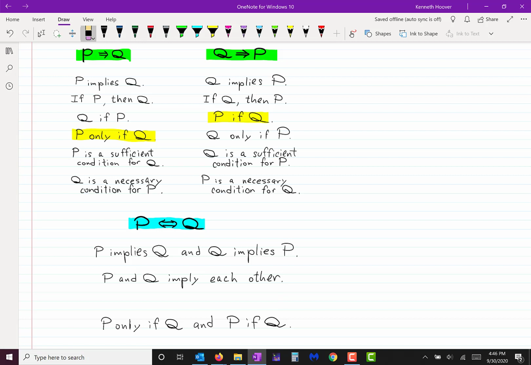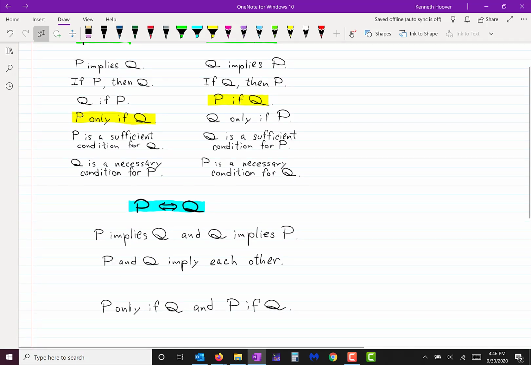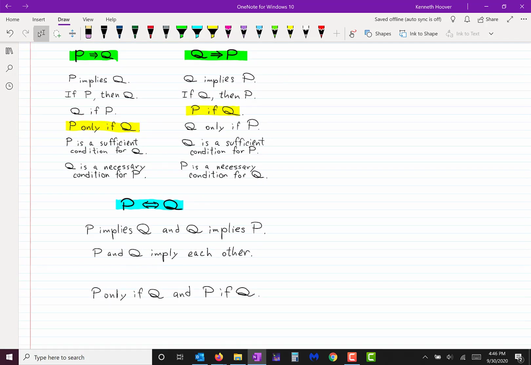Now, how about if I just try to use a little bit better grammar on that? So first of all, let's just swap those two and write it this way: P if Q and P only if Q. That I think sounds a little bit better at least.